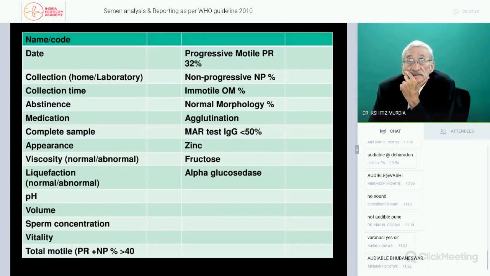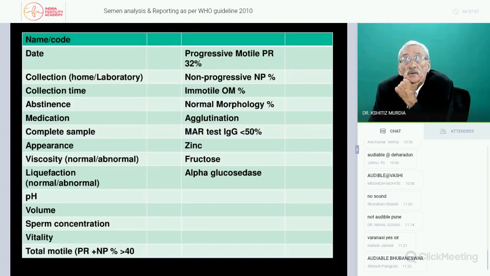This is the type of report form that the WHO has in its manual. Each clinic has its own form, but I think most of the people have more or less an acceptable technique of reporting, especially reporting your morphology and your motility.